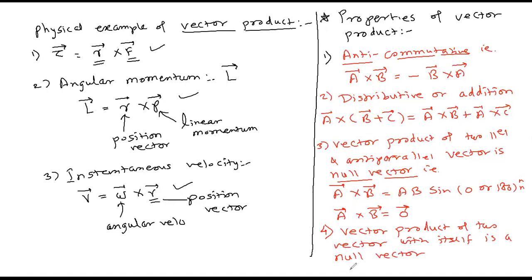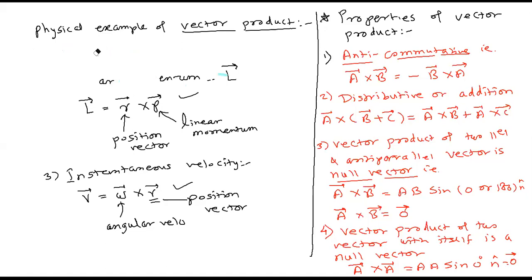For example, A cross A is equal to A into A sine 0 into n, which is equal to a null vector. So these are the properties of the vector product.